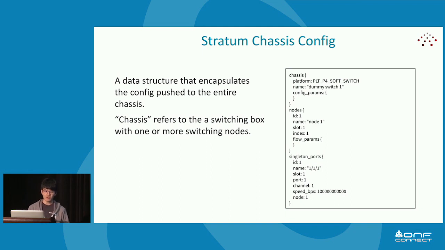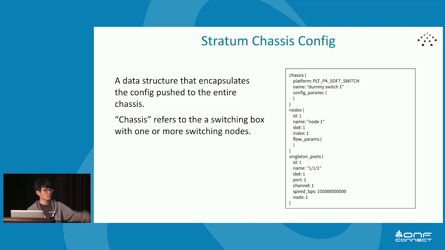Most switches are like one switch with one panel port. But some switches or chassis may have different nodes, like different slots, like a mini-pack switch. So we define the chassis, and you can define multiple nodes, which map to different data plane ASICs.